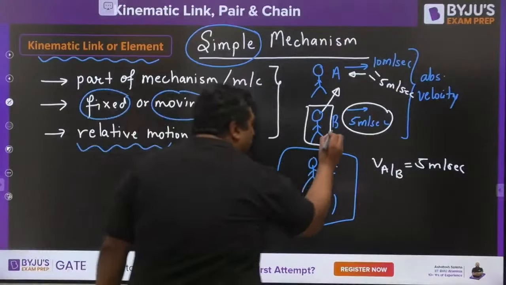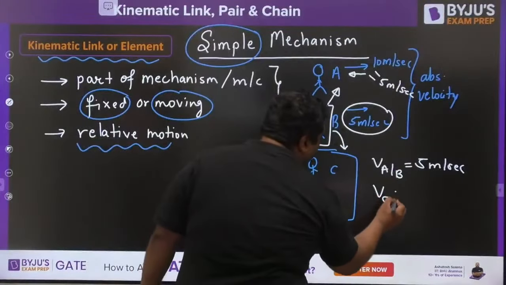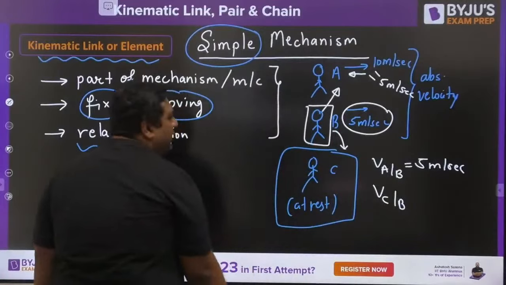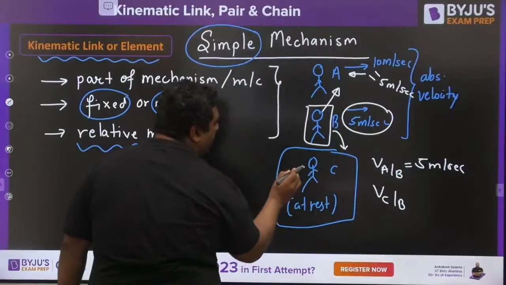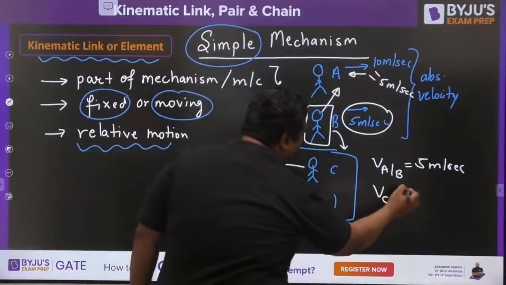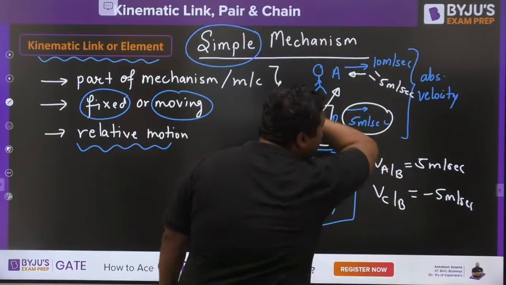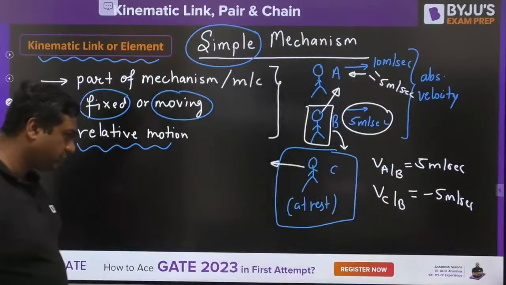Similarly, when B would be looking at C, according to B, if you want to write down the velocity of C according to B, then it would be giving its own velocity opposite to the C. So according to B, velocity of C is going to be minus 5 meter per second, because we have chosen this direction positive, this would be negative.